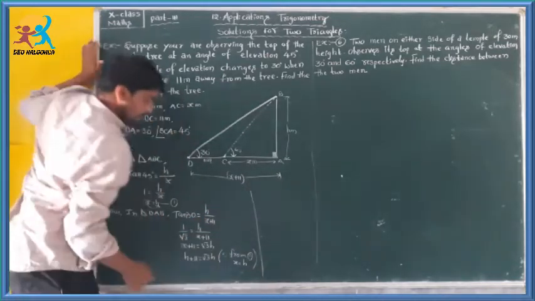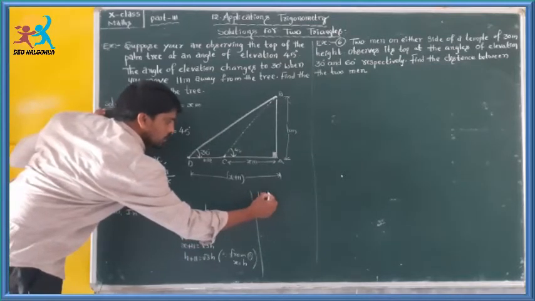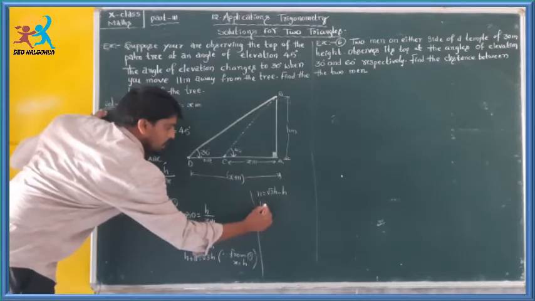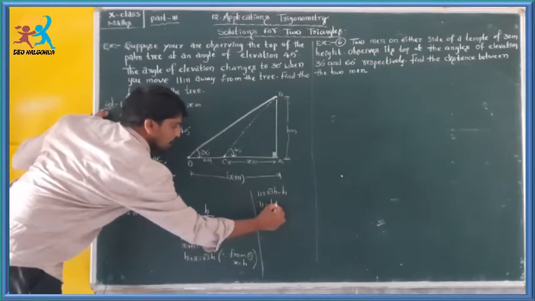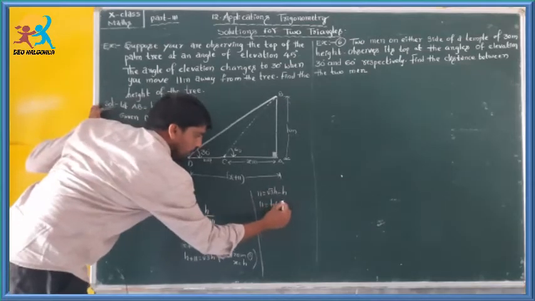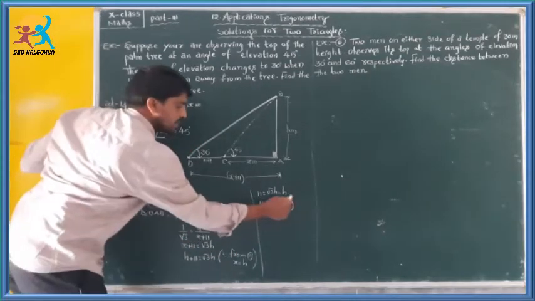Now transform this: 11 equals root 3 h minus h. h is the common term for the first and second terms. Take away the common term. The first term has root 3, the second term has 1, as 1 into h equals h.